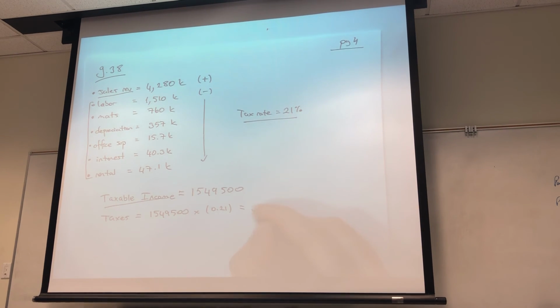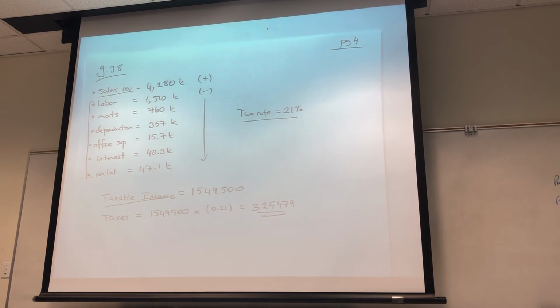So now we come to net income. This is the net money we have after paying our stuff to the government.